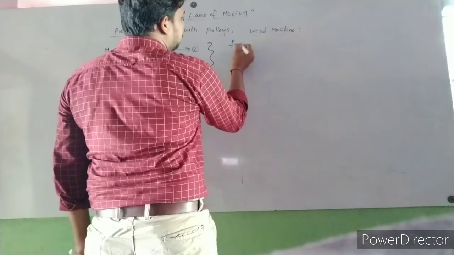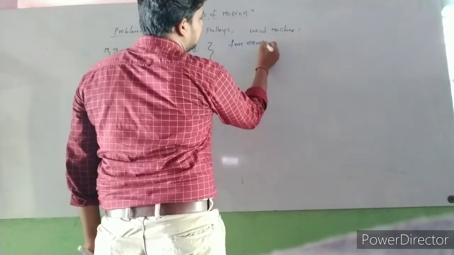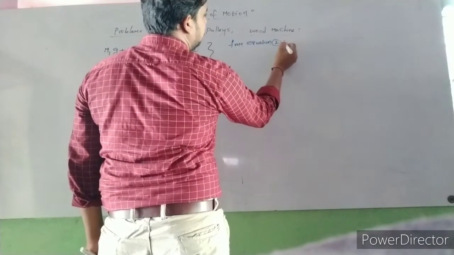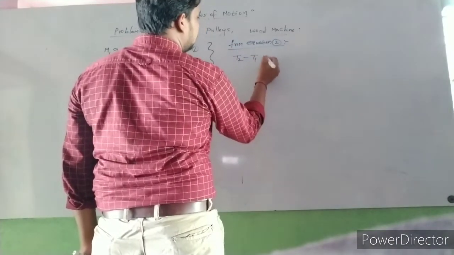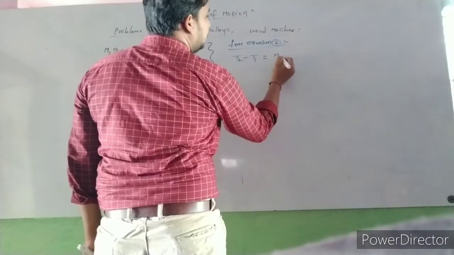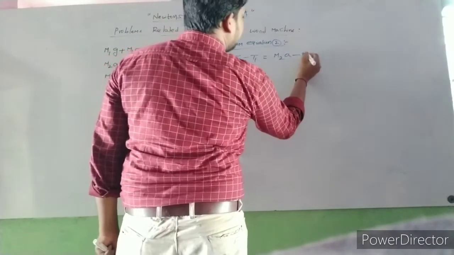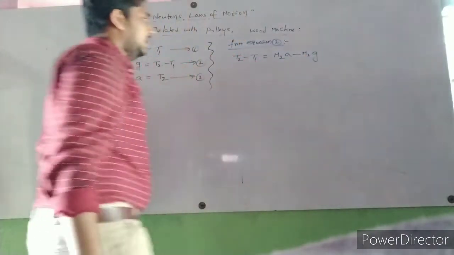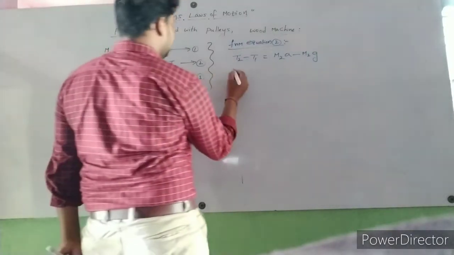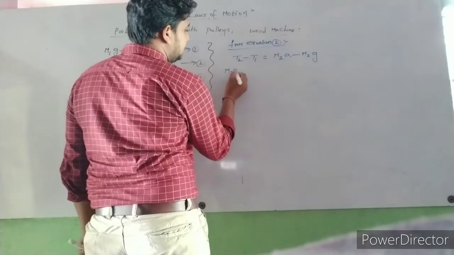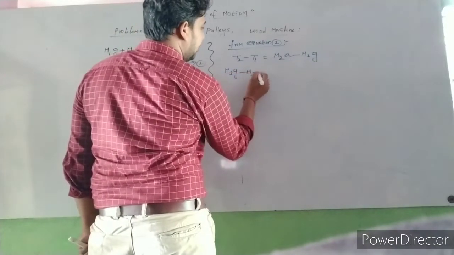From equation 2, T2 minus T1 is equal to M2A minus M2G. What is the T1 value here? M1G plus M1A. T2 value is M3G minus M3A.